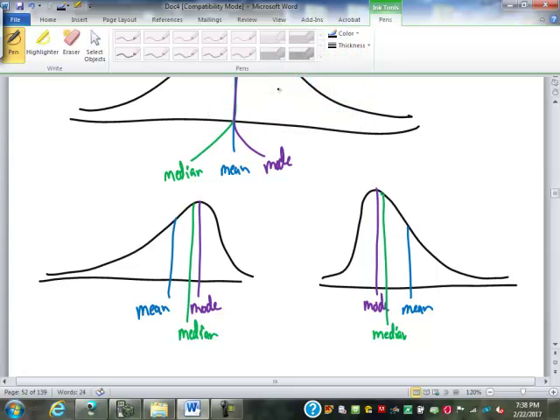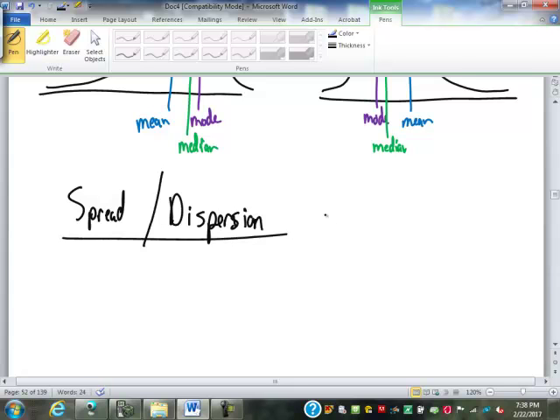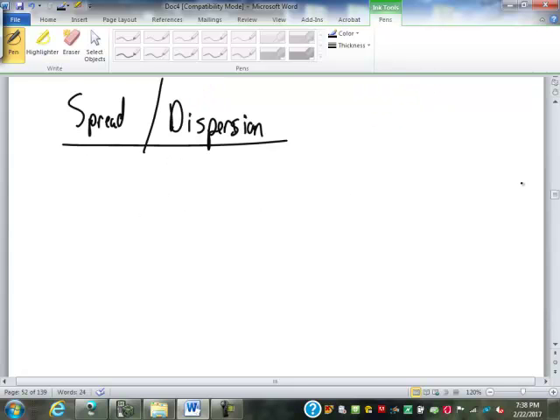So next we want to talk about measures of spread, sometimes referred to as dispersion. In other words, how scattered out are the data points? Again, I'm going to give us a basic set of numbers, and I am going to put this set of numbers in order from smallest to largest just to make it easy on myself.